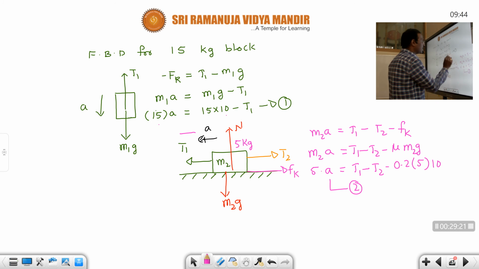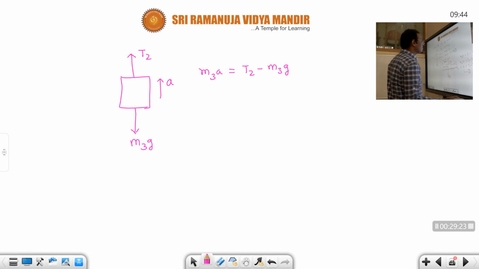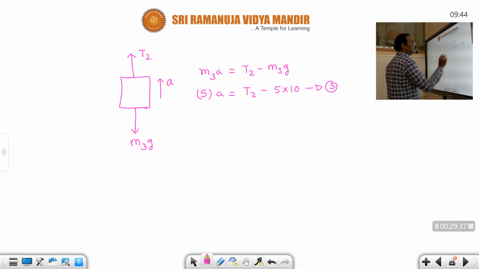So now we got equation 1, we got equation 2, and for M3, again this is also 5 kg into acceleration A is equal to T2 minus 5 into G, with G value 10. That is equation number 3.